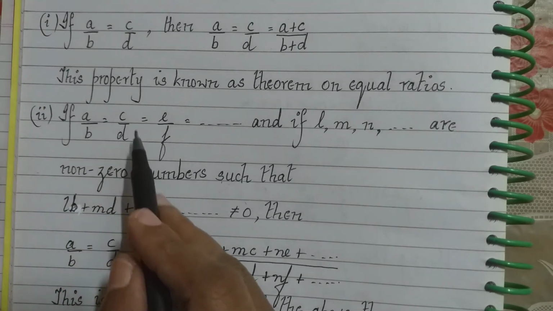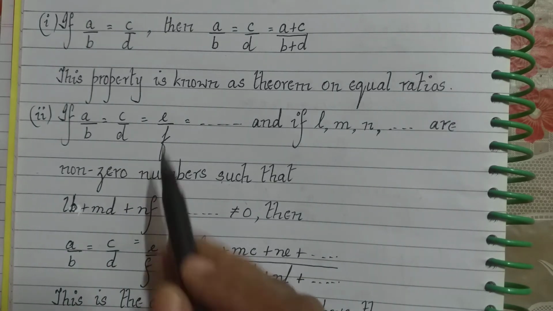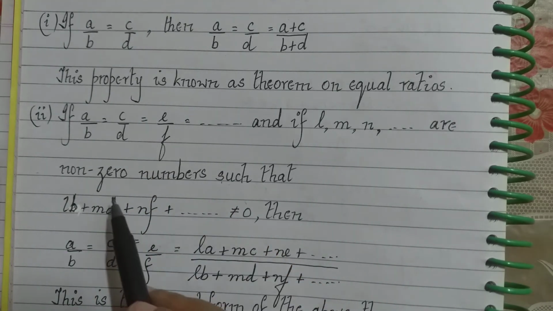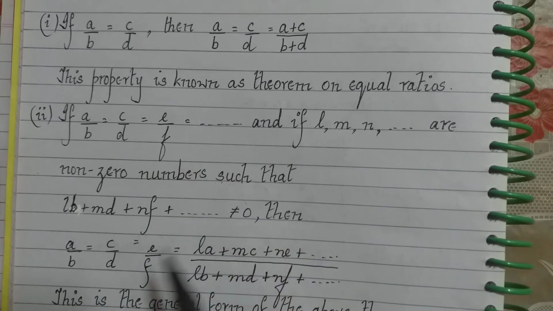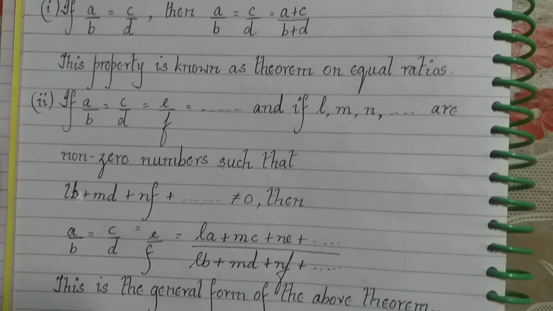M is multiplying with the second denominator. N is multiplying with the third denominator. So if I add all this and they are not equal to 0, then what do I have?